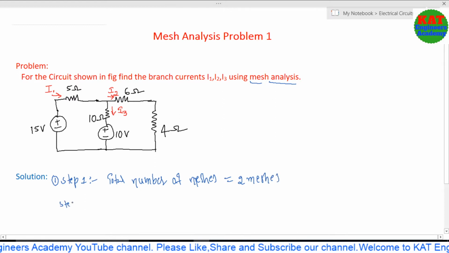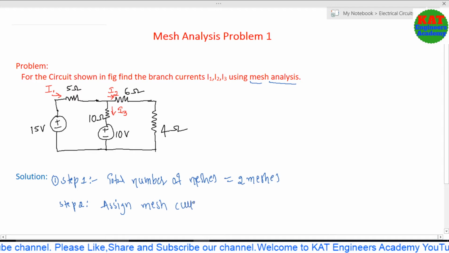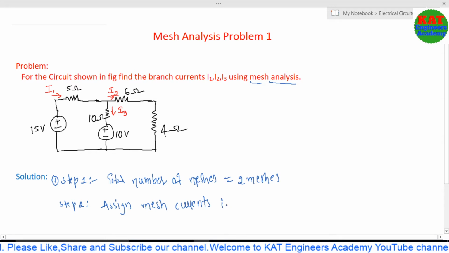Then step 2: assign mesh currents. Those mesh currents here I consider as small I1 and I2.